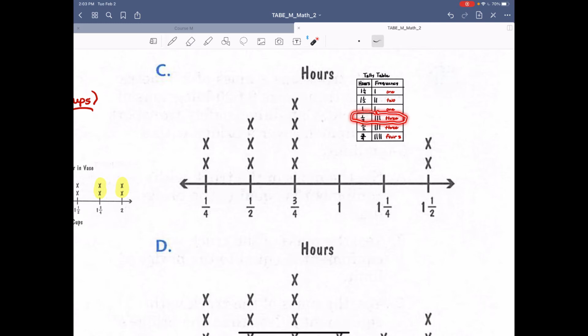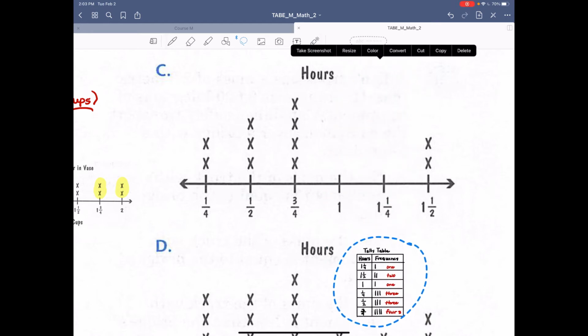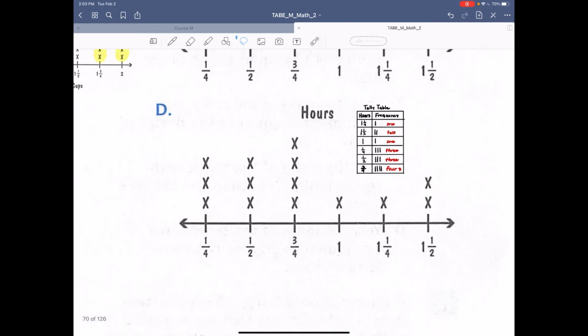And C doesn't match. 1/4 only has 2 X's. So it's not C. The answer you want that fits this table we made is D. And I think I'm making a bigger deal out of this than it needs to be. But I know it's kind of confusing. Until you get used to these, it's a little bit of a tricky thing. But D is the table that matches the table we made.